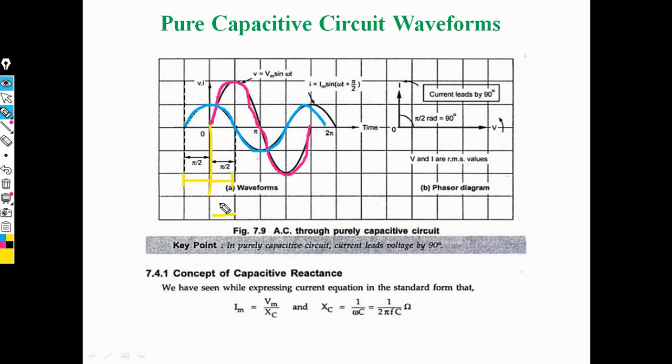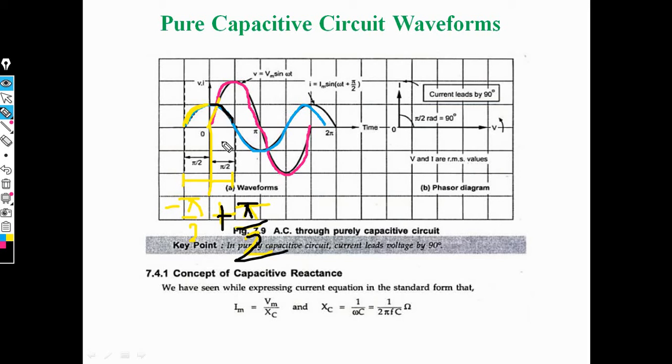This is the plus pi by 2 because this waveform starts from this point, and this point will be positive. Also this half waveform is minus pi by 2, and after this waveform this point is positive, that is plus pi by 2.